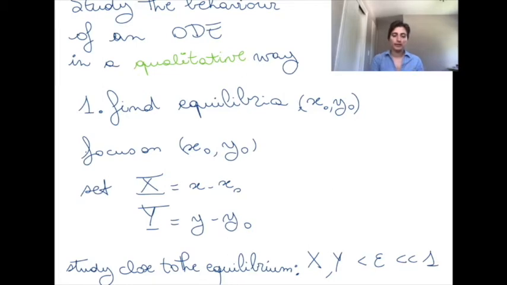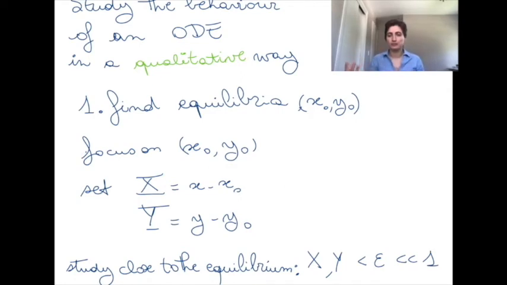And once we have an equilibrium, we can study the behavior of the system close by the equilibrium. So we know that nearby there is a point that never moves. We expect the points near it to have quite slow velocities themselves, and possibly having a behavior that is connected to the equilibrium.